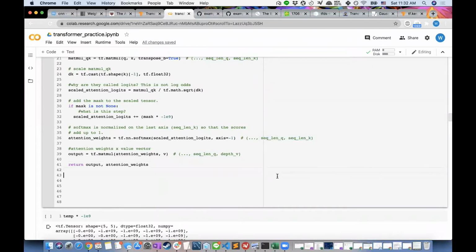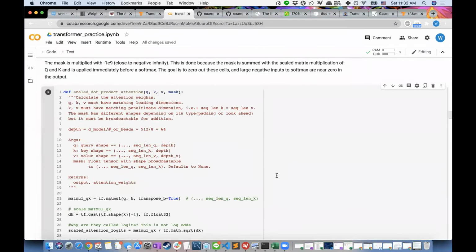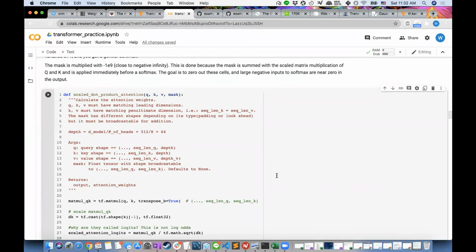I've got a question. So when we started off, we said Q, K, and V all have dimension of 64. So what do we mean by a sequence length of Q, K, and V?